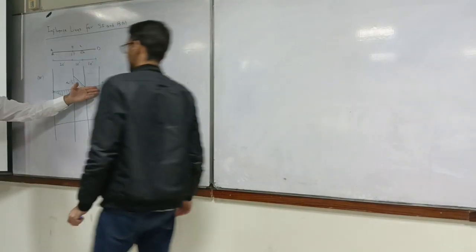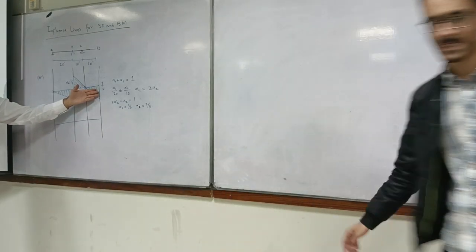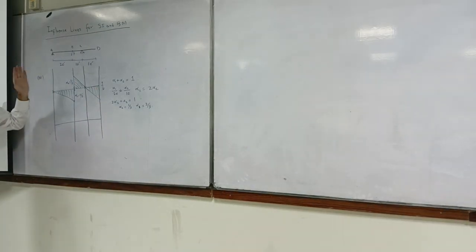No, this one, you have got nothing to do with this one. You are only concerned with your section of interest. The other things will follow. This is your section of interest and it has got 2 displacements, alpha 1 and alpha 2.